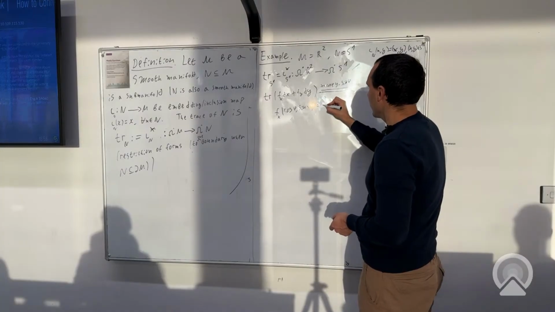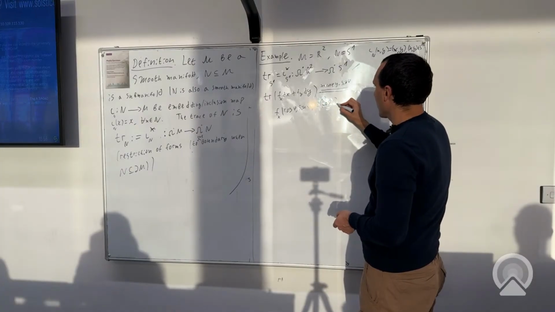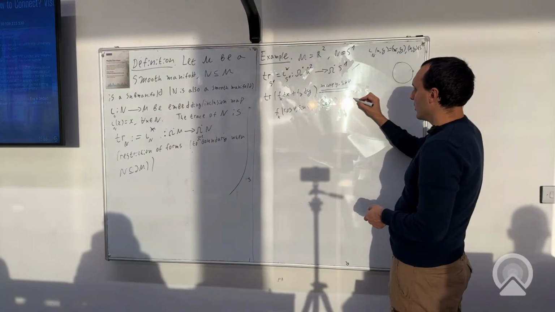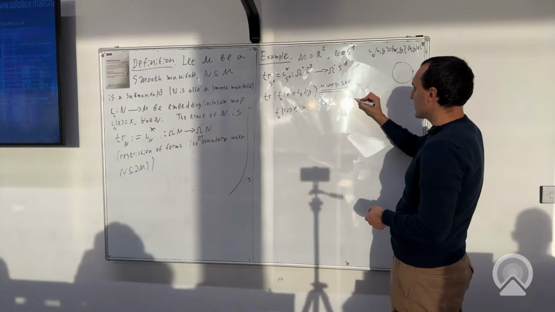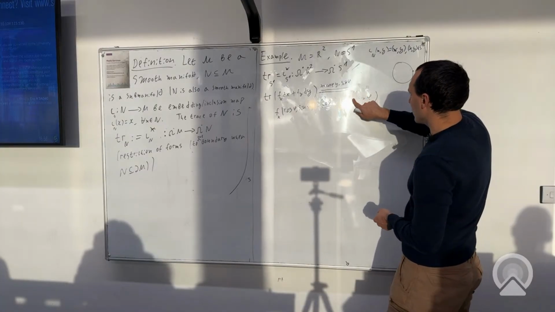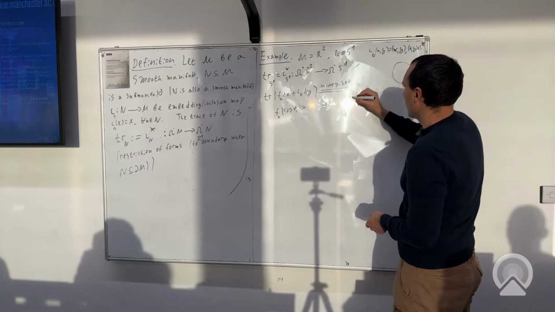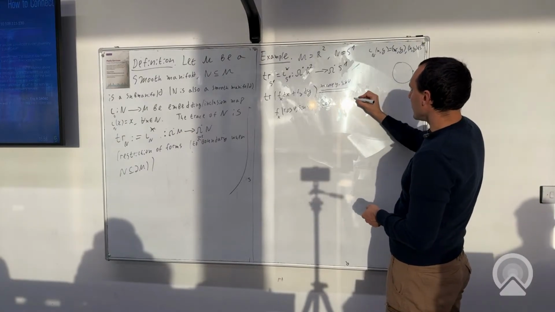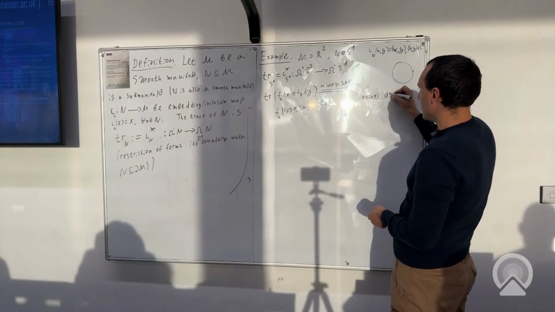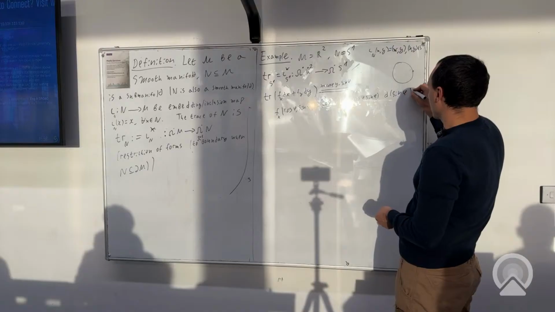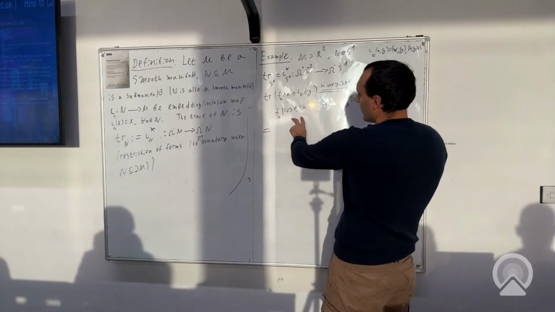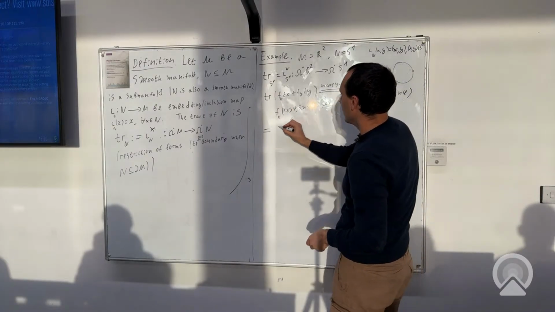d of cosine phi, plus fy, and then you d of sine phi. Sorry, f of y applied at cosine phi sine phi times d of sine phi. And this is some general function.